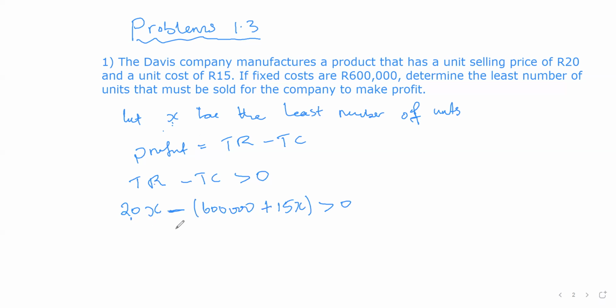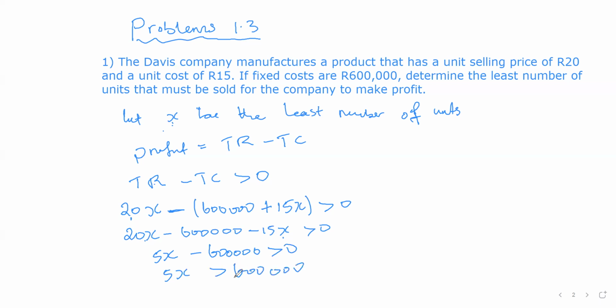This is typically a linear inequality where we can collect terms in X together and isolate X. So 20X minus 600,000 minus 15X is greater than 0. 20X minus 15X is 5X, minus 600,000 is greater than 0. 5X is greater than 600,000.